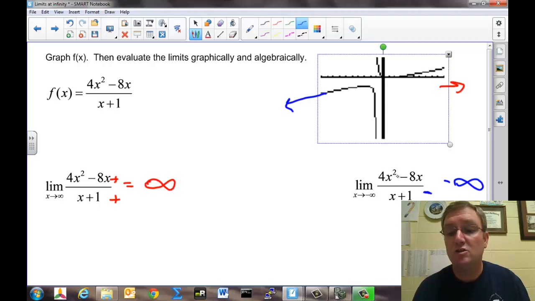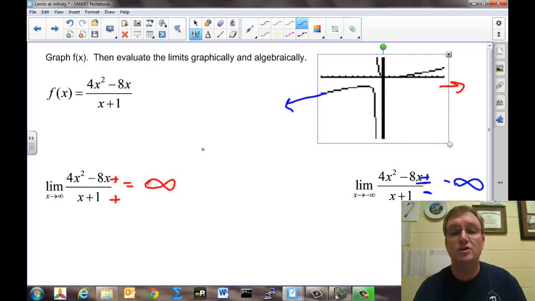Again, the x squared term is going to determine what the sign is. Because if I take a number and square it, it's always going to be larger than the number itself as we're approaching large numbers. If we were between 0 and 1, that wouldn't be the case. But we're talking about very large numbers. So a negative number squared is going to be positive, times 4 will still be positive, and a positive divided by a negative is negative infinity.